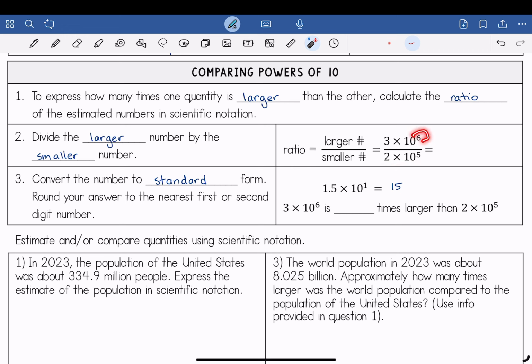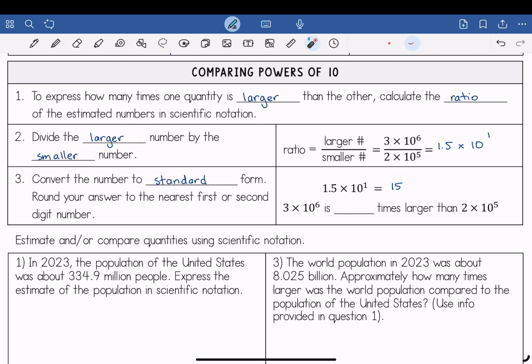So we're going to divide the coefficients. 3 divided by 2 is 1.5, times the base 10 to the power of 6 minus 5. Because the base is the same, we subtract the exponents, which gives 10 to the power of 1.